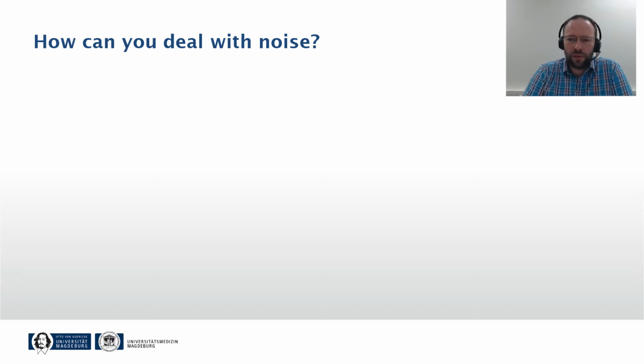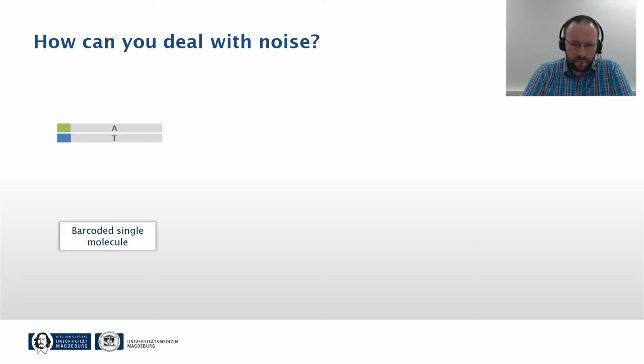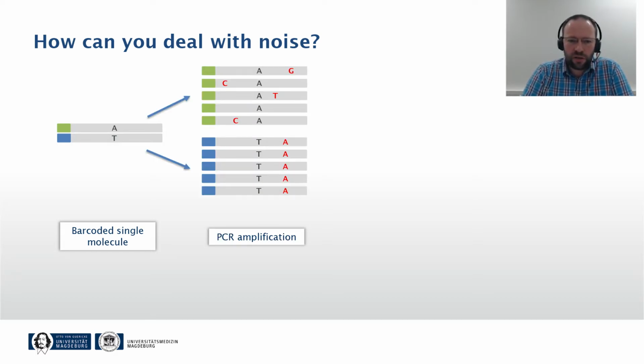And how can we do this? Let's say we have here a small barcoded molecule with a true positive variant, on the forward read marked in green and on the reverse read marked in blue. So this is the true positive variant. If you do the amplification of these strand-separated reads, with, let's say, a 1% error rate, some artifacts occur at different positions.